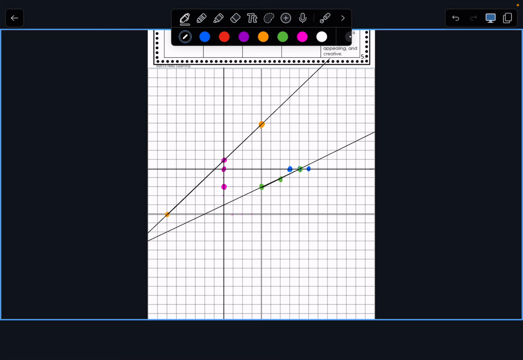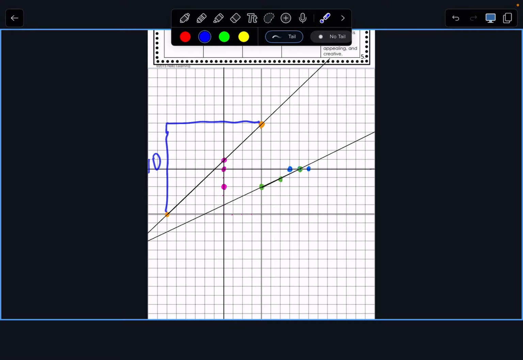Positive or negative slope? This has a positive slope, so go ahead and circle that. Okay. We also need to calculate the slope. Now, I think once we get it graphed, it's pretty easy to see what the rise over run is. What's the rise? 10.